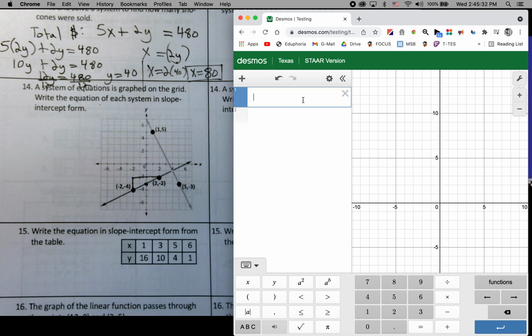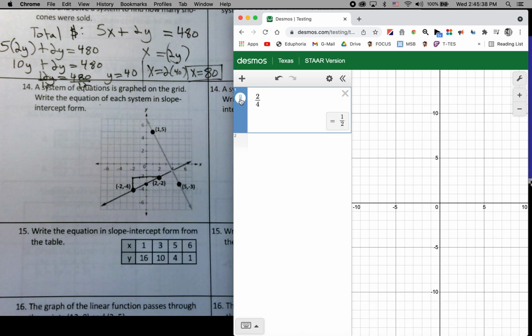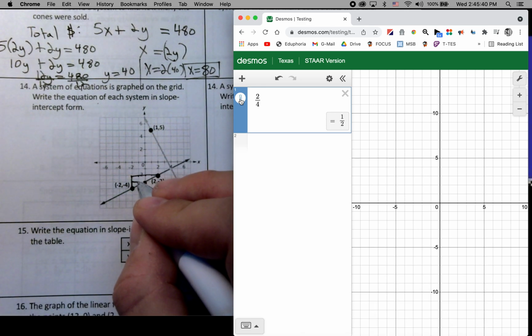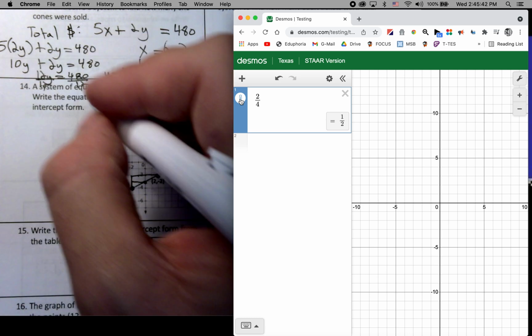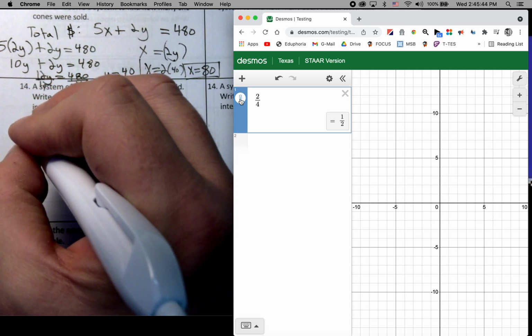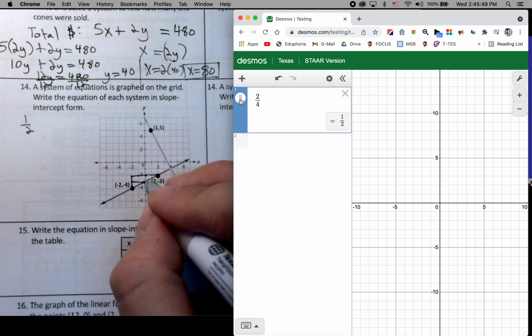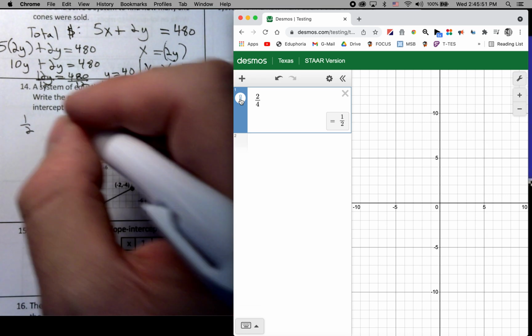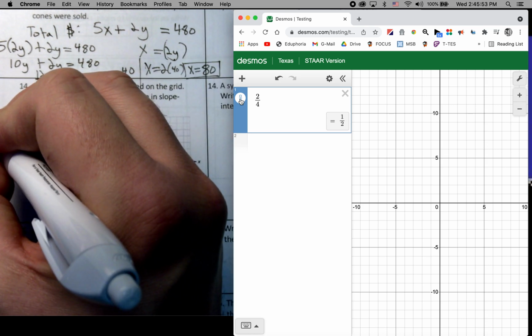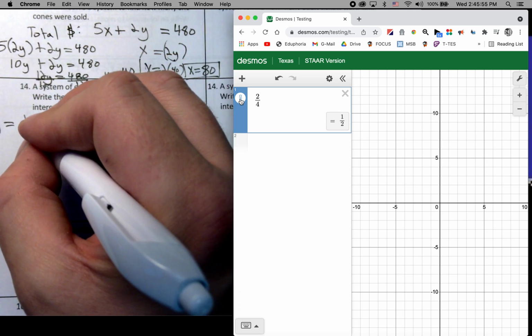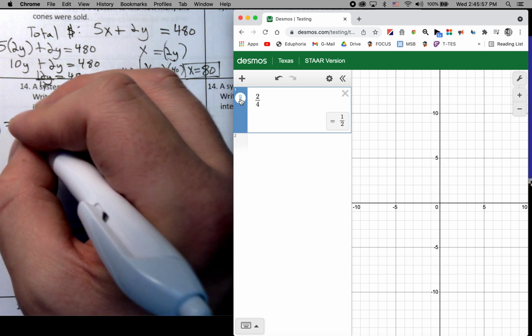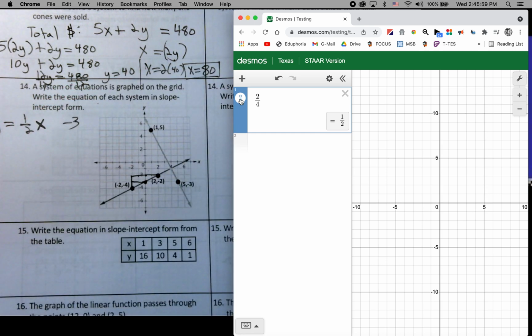Now, up 2, right 4 can be simplified to 1 over 2. And check this: if I go up 1, right 2, I'm still on the line. So this line has a slope of 1/2, and it has a y-intercept of negative 3. That is that first line right there.